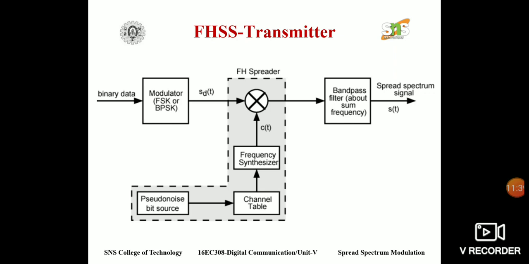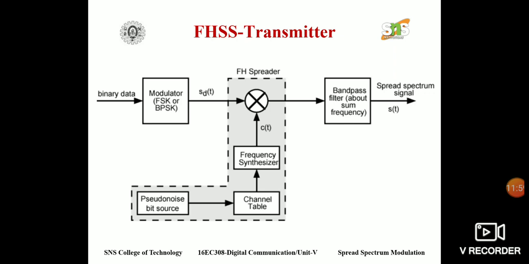And this is the FHSS transmitter. The binary data is given to the modulator, which uses either FSK or PSK, and the output of the modulator is sd(t), which is given to the FH spreader.